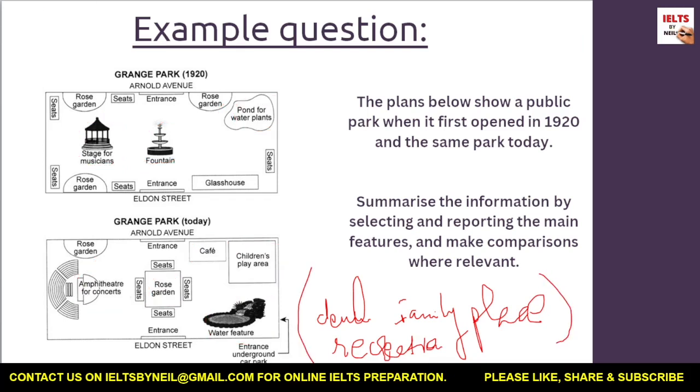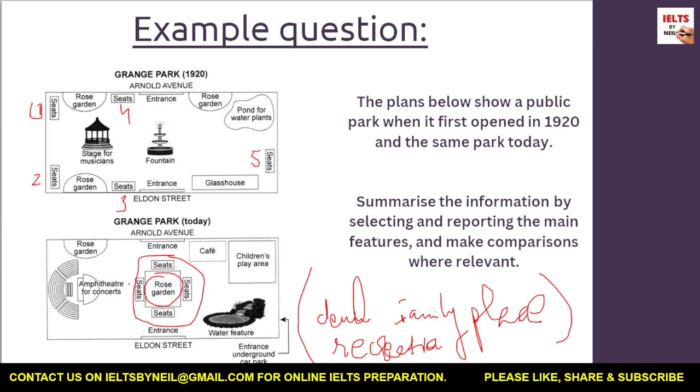Okay, and moreover, if you have a look, see before the seats were all over the park. Number 1, number 2, 3, 4, and 5. Okay, now if you have a look, all the seats have been brought to the center of the park along the rose garden, right?